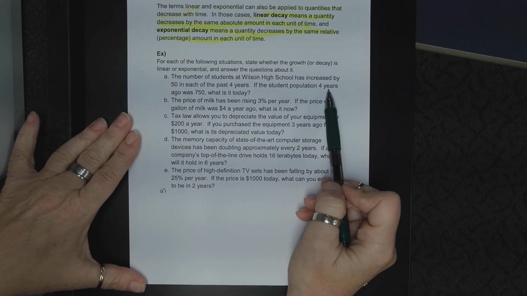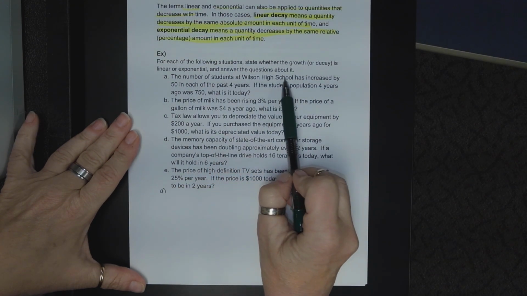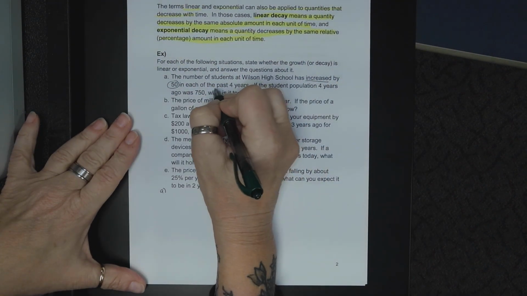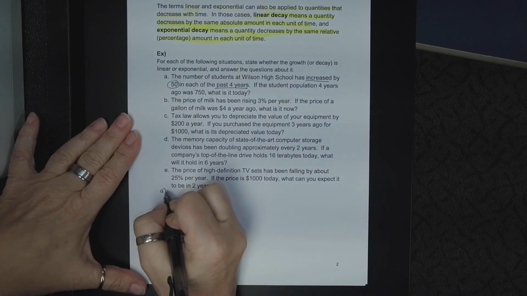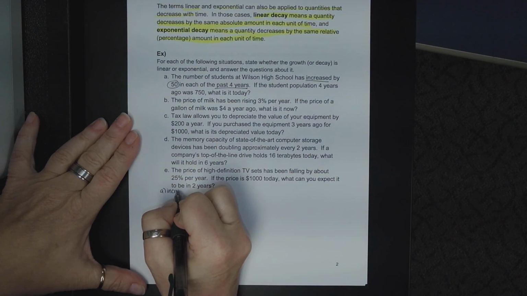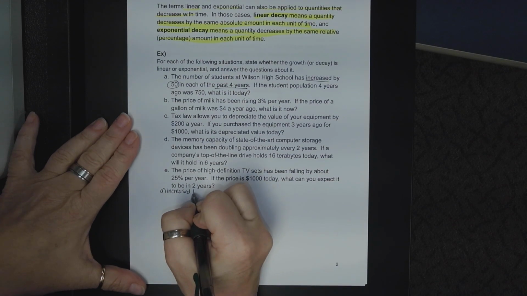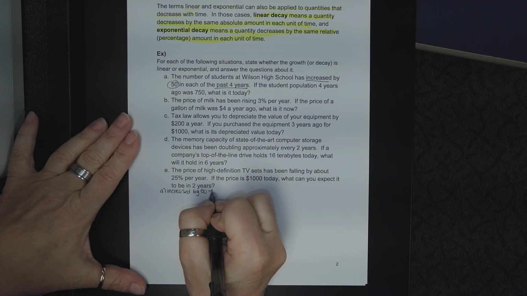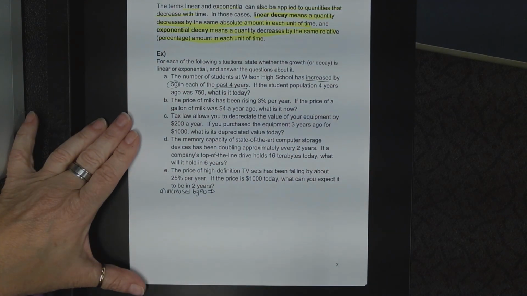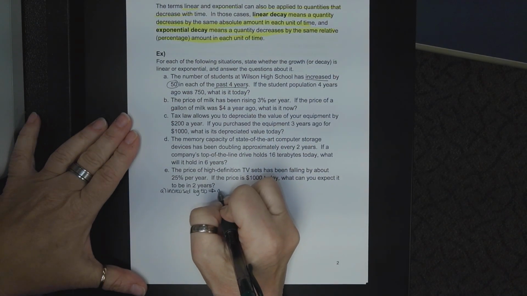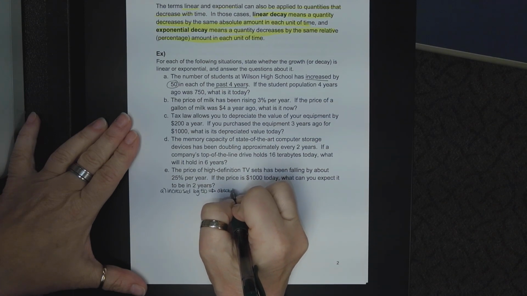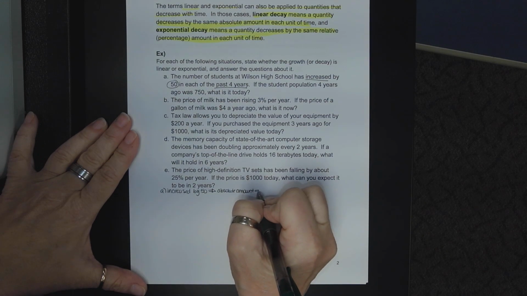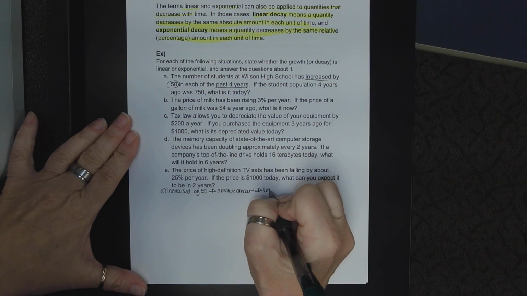It says the number of students at Wilson High School has increased by 50 for the past 4 years. So it increased by 50. So that implies that it's an absolute amount, right? That implies linear growth.